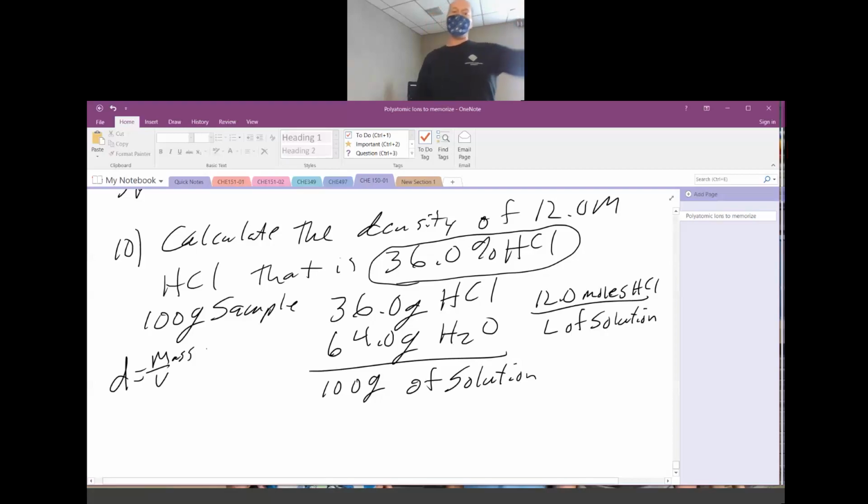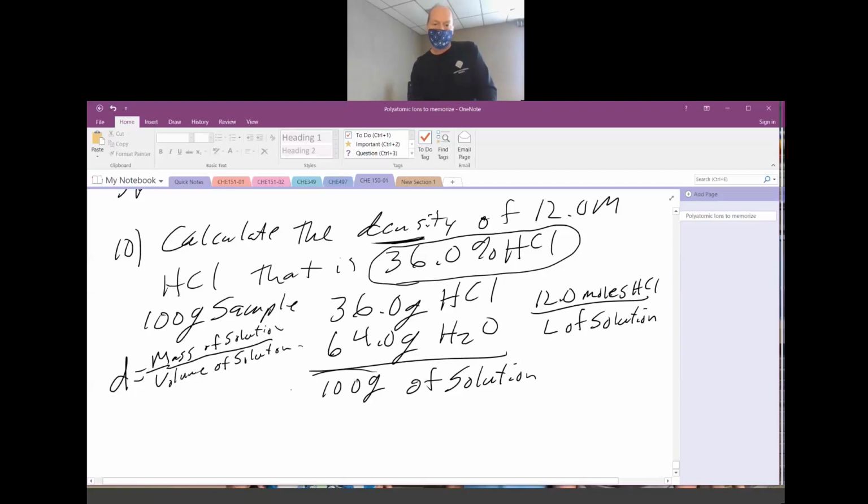So we took the mass of that mixture, that is the mass of solution, and then we read the graduated cylinder, so this is the volume of that solution.